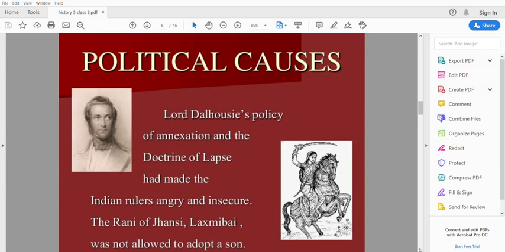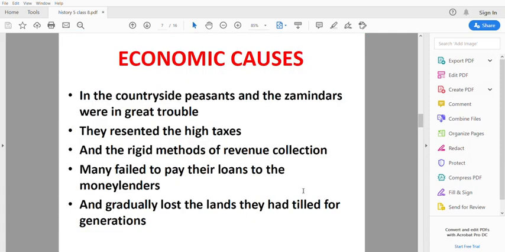These are the pictures of the British governor and the Rani of Jhansi. Lord Dalhousie's policy of annexation and the doctrine of lapse had made the Indian rulers angry and insecure. Rani Lakshmi Bai of Jhansi was not even allowed to adopt her son as heir to her kingdom.